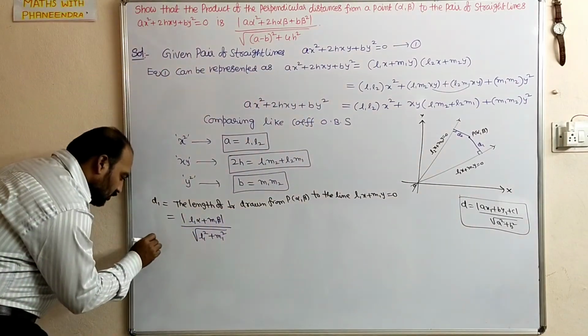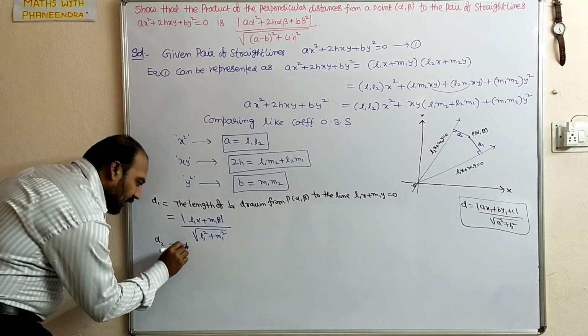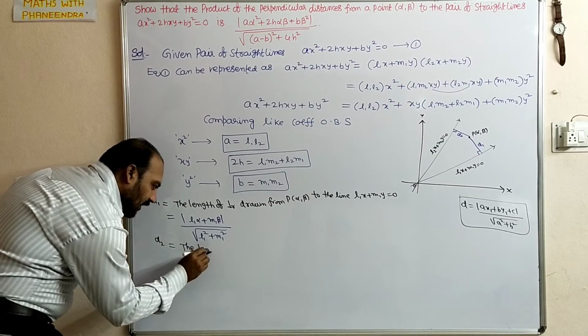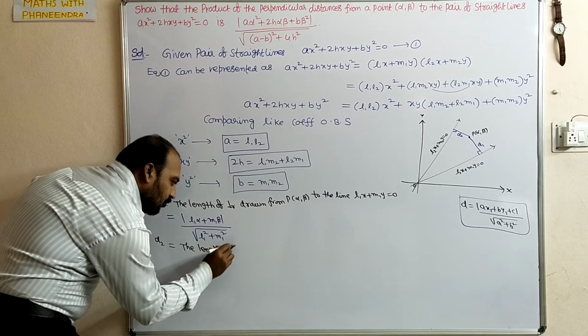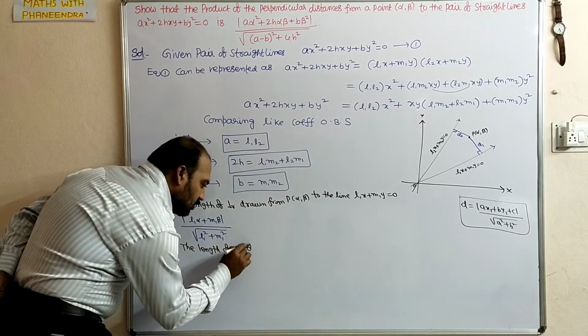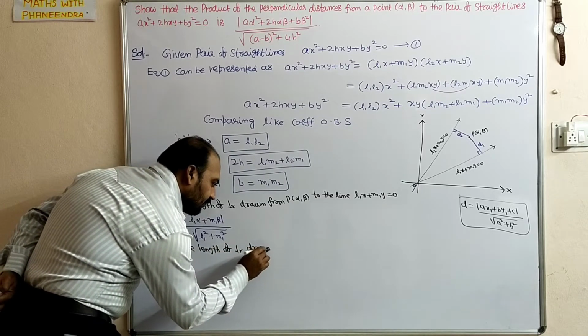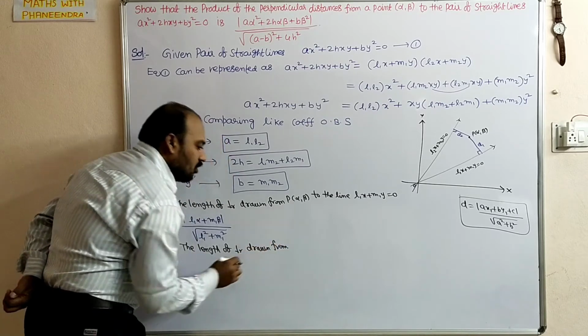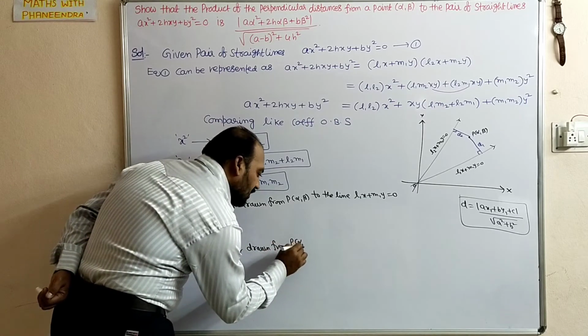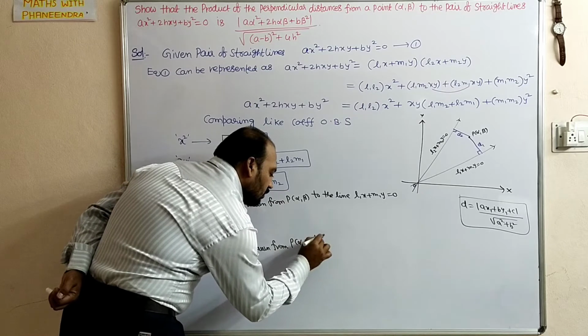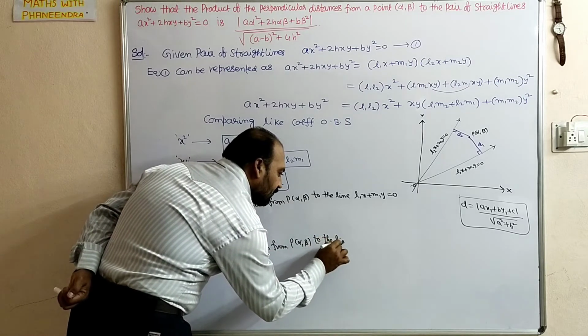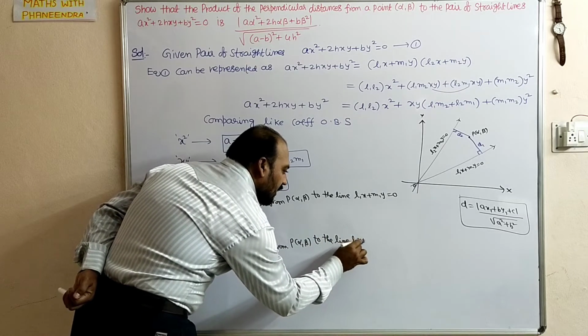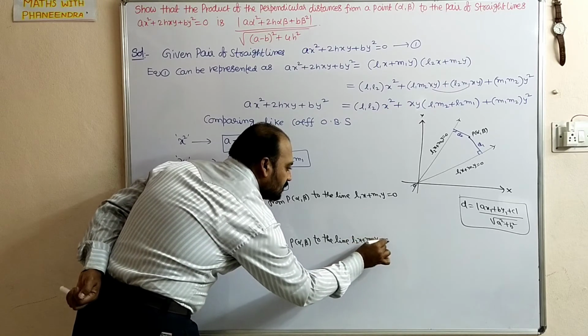Similarly, D2 also. So D2 equal to the length of perpendicular drawn from P of alpha comma beta to the line L2x plus M2y equal to 0.